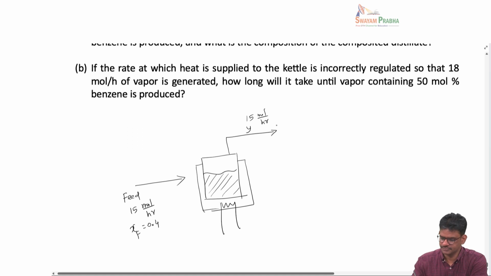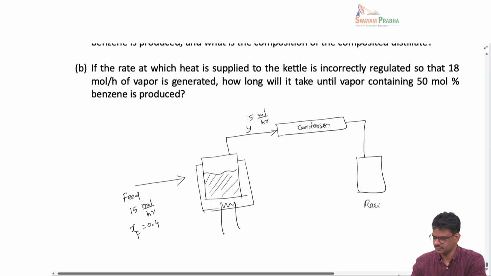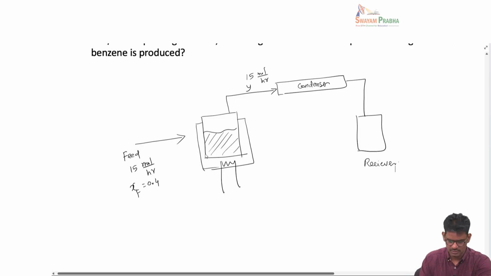time. This goes through a condenser and then gets collected into a receiver. Also, initially there is some initial charge, some 30 moles of liquid is present, and the mole fraction there is also 0.4.